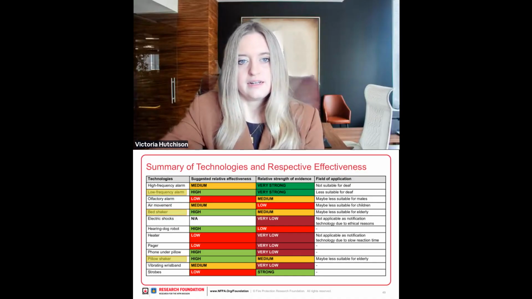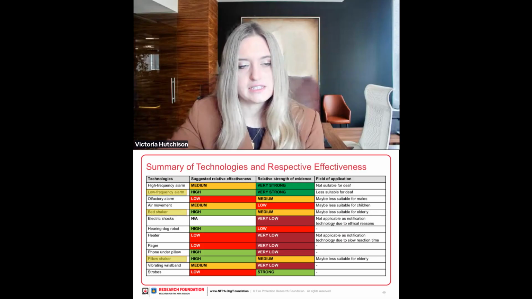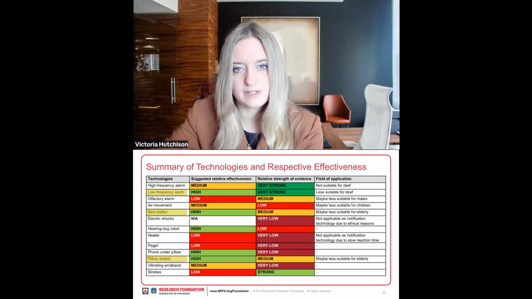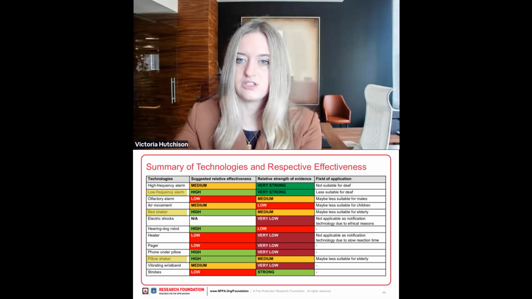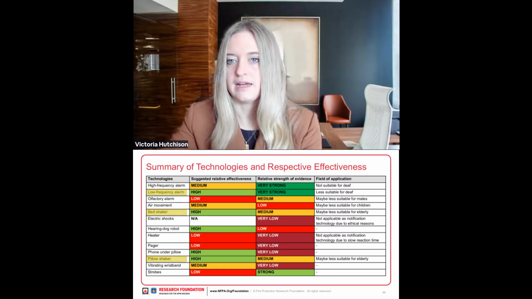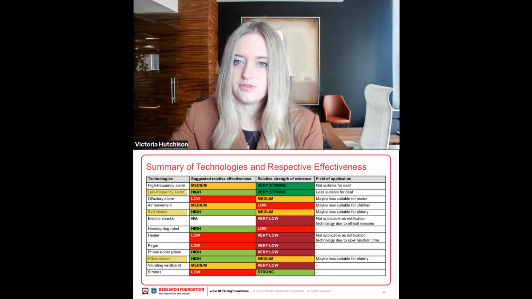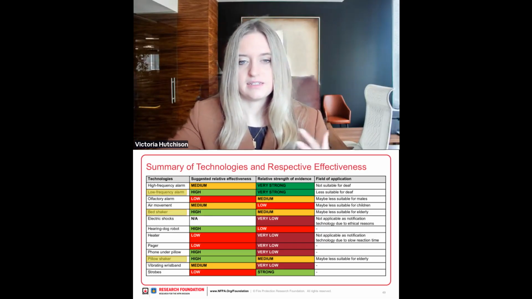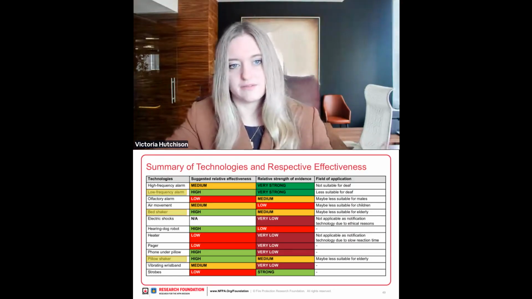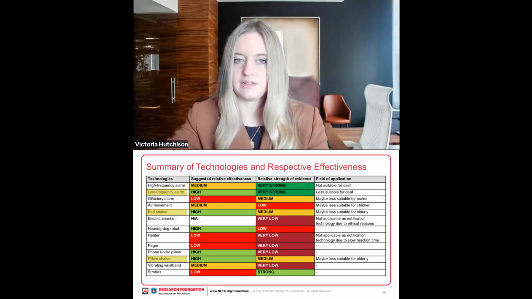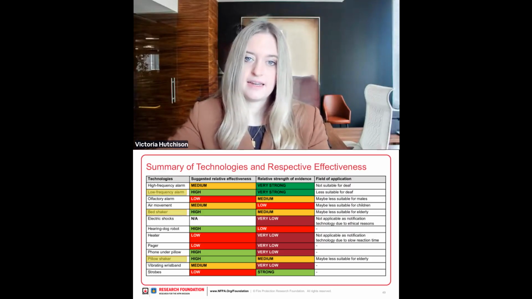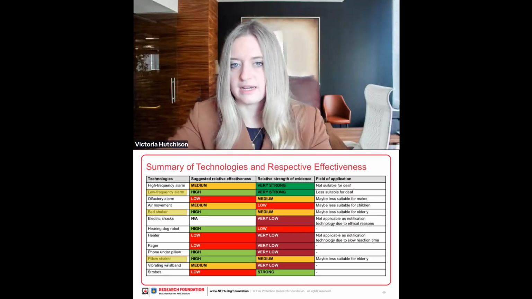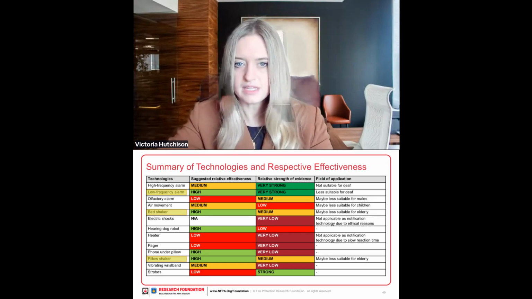So you look here at the suggested effectiveness of all of these different technologies that were analyzed, the strength of evidence, and whether there is anything it's not suitable for. You can really see from all of these, it varies a bit, but the relative effectiveness of the low frequency alarm is high, and the evidence to support that is very strong as well.